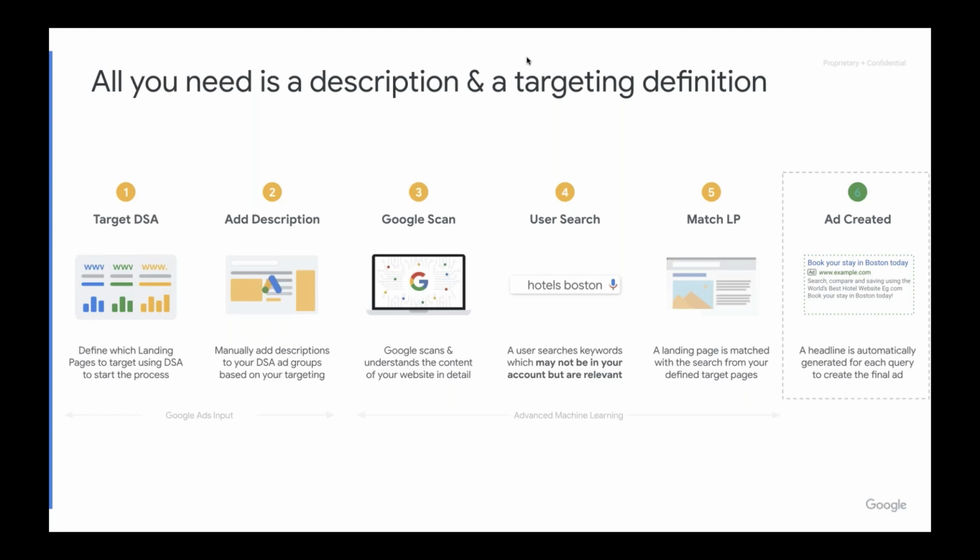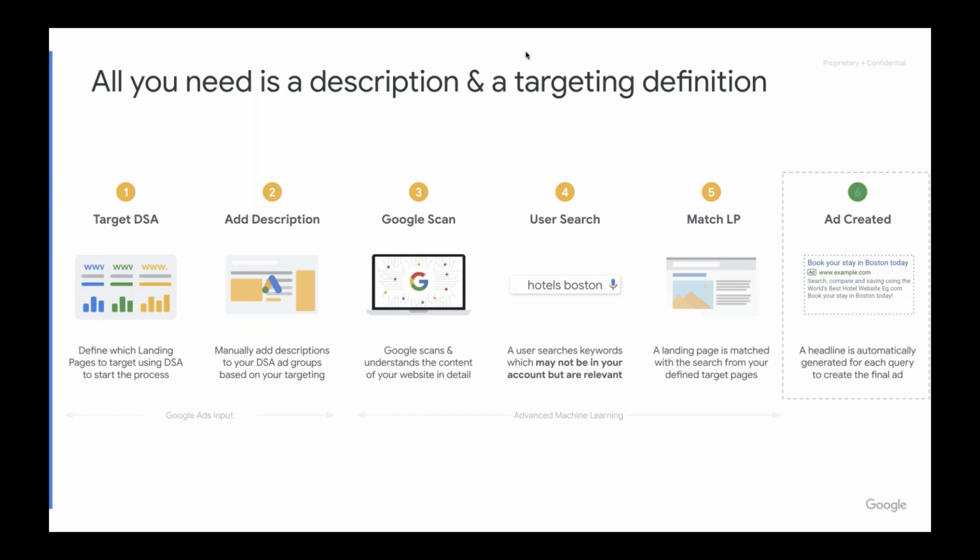But you don't need keywords for this format, right? If your landing pages match the relevant searches users provide, it will help generate a really custom headline, but you still control your description.